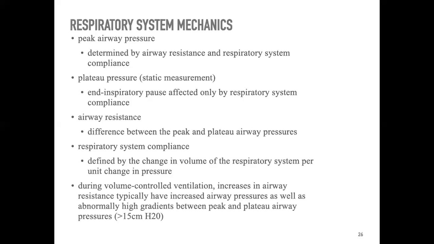During volume-controlled ventilation, increases in airway resistance typically have increased airway pressures as well as abnormally high gradients between peak and plateau airway pressures. And the gradient could be more than 15 centimeters water.